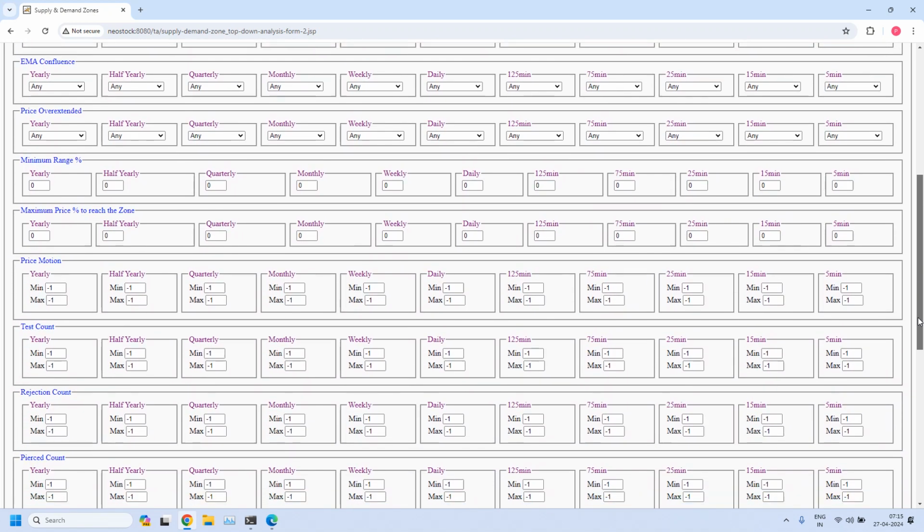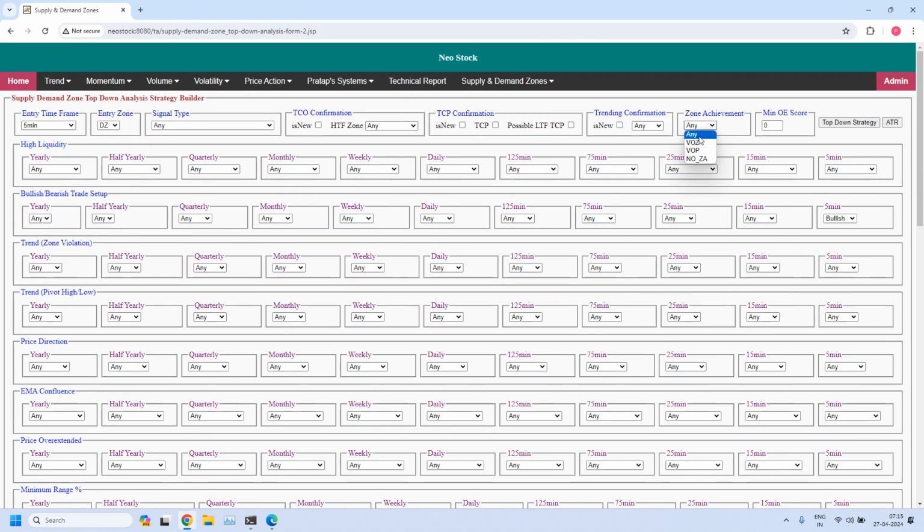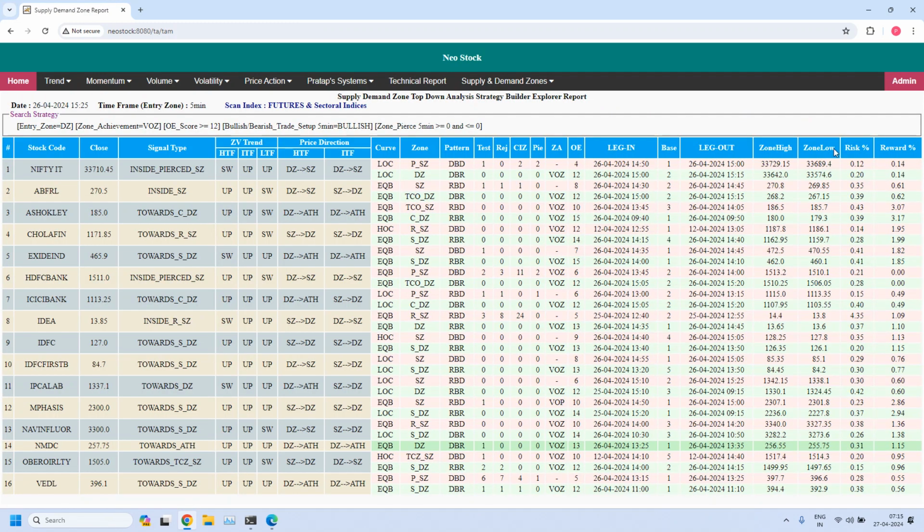So in the pierce count, 5 minutes time frame, I am setting the minimum value to 0 and the maximum value to 0. Zone achievement should be violated opposing zone, VOZ. And the minimum odd enhancer score should be 12. Now let me generate the report. So 16 stocks are filtered. They are supporting a bullish trade setup for hourly income trade.